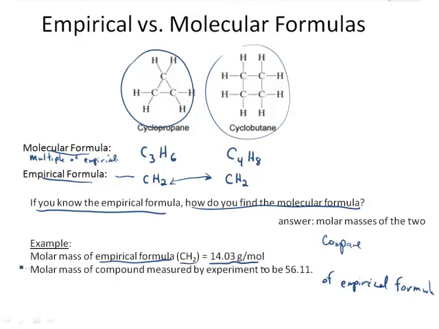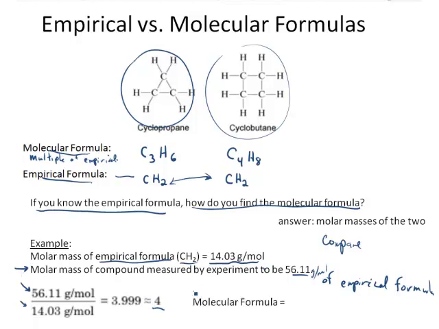If the molar mass of the compound is measured to be 56.11 grams per mole, you divide those two, and you see that 56.11 grams per mole divided by the molar mass of the empirical formula gives you 4, which means the molecular formula is CH2 4 times, which is C4H8.